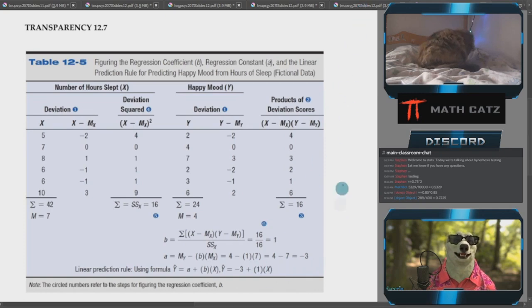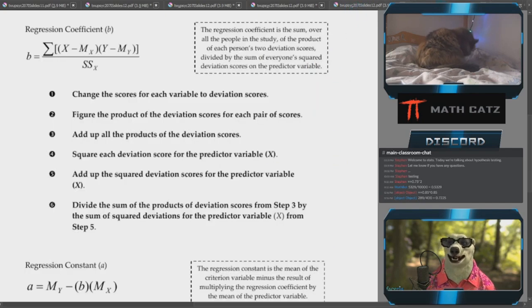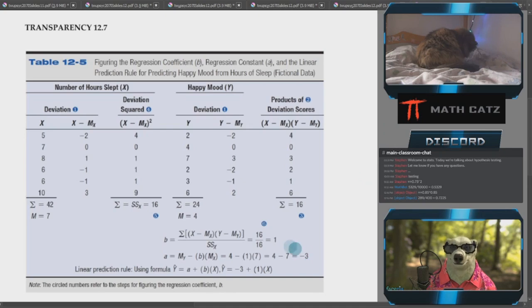One more thing I wanted to do here is the regression coefficient B. Here it's 1. How do I interpret that? What I usually do is I make that a fraction, so it's 1/1.